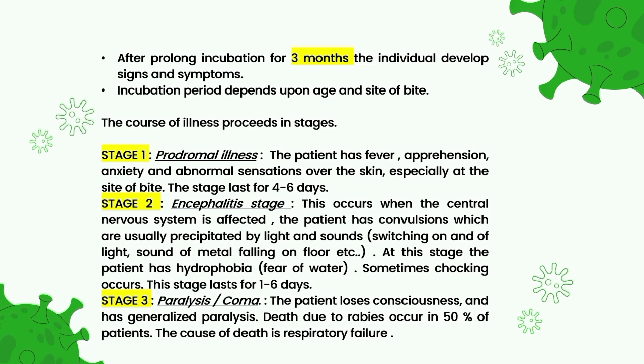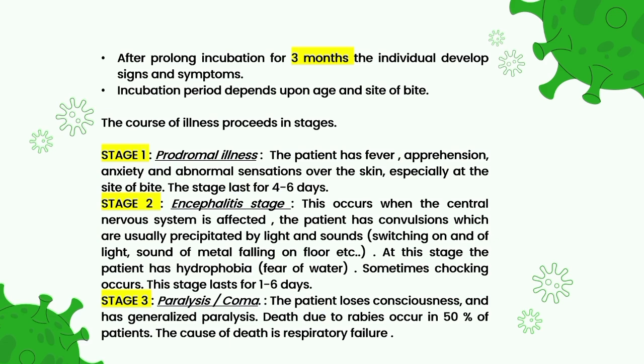So the course of illness proceeds in stages. There are three stages. Stage 1 is the prodromal illness, or prodromal stage. It is the early stage. The duration of this stage is 4 to 6 days, and this is the initial phase of the illness.